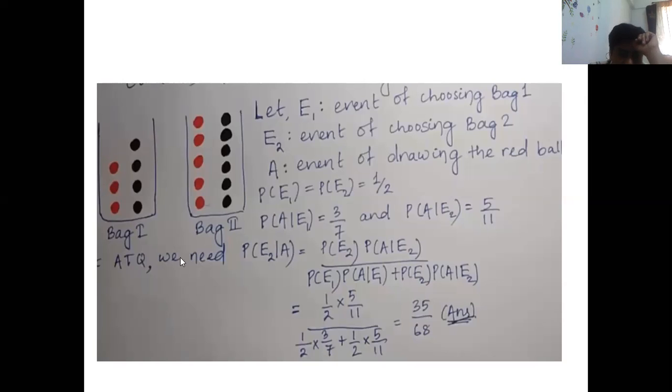Right? So we don't need to compute here the probability of E2 by A, which is equal to probability of E2 into probability of A by E2, divided by probability of E1 into probability of A by E1, the first event, plus the second event, that is probability of E2 into probability of A by E2.